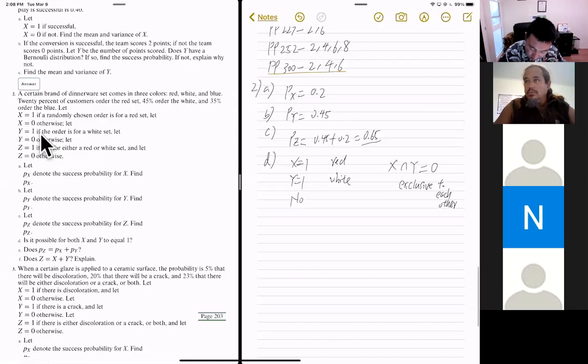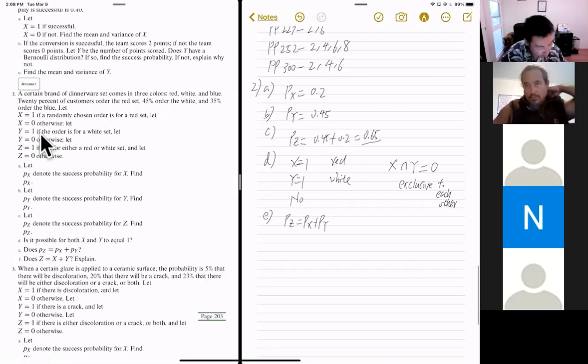Part E. Okay. So E is asking, is Pz equal to Px plus Py? Okay, so Pz, as we answered from part C, is 0.65.